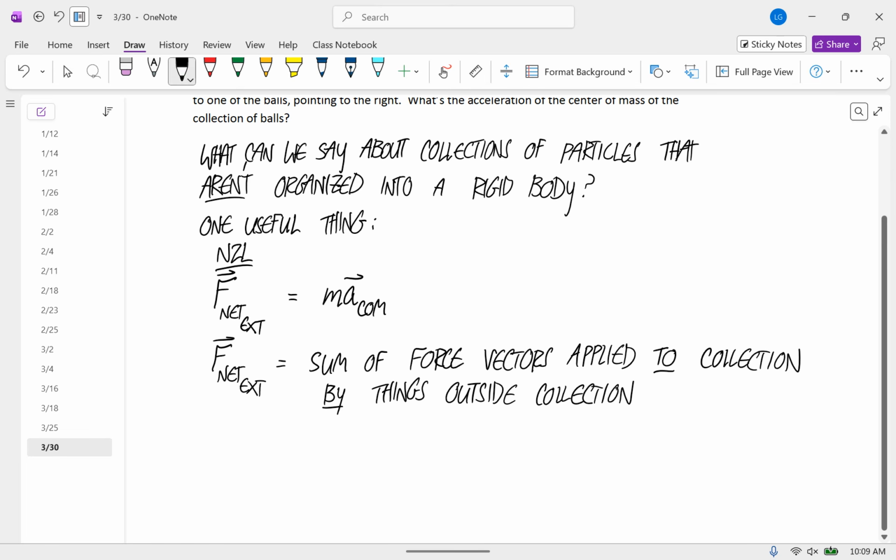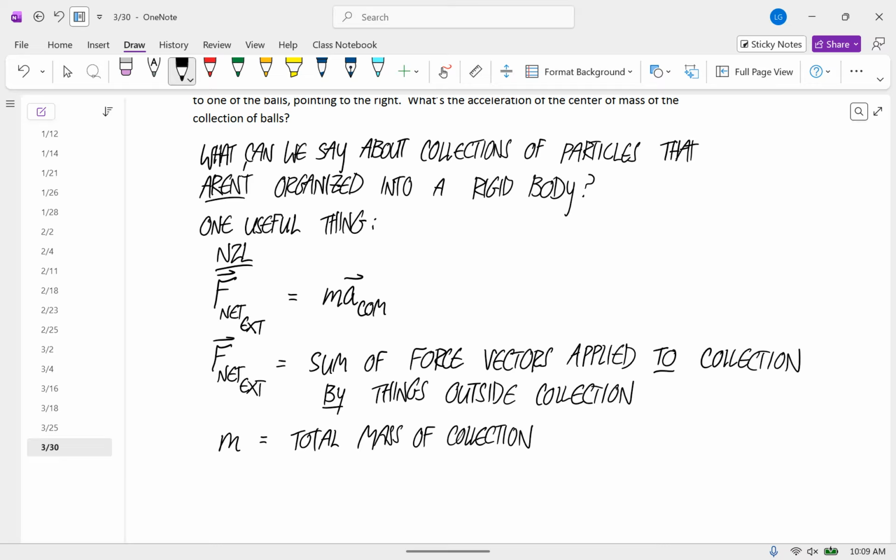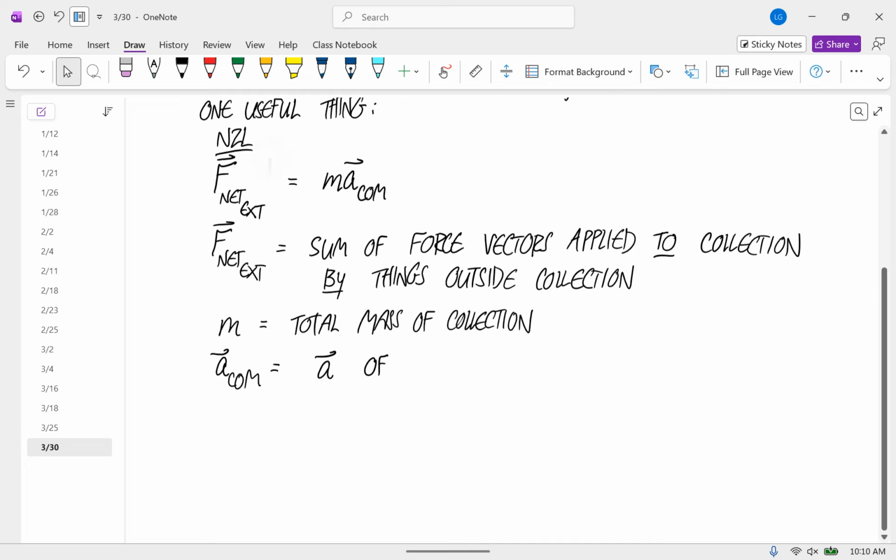And then the mass is the total mass of the collection, and the acceleration of the center of mass is the acceleration vector of the collection's center of mass.